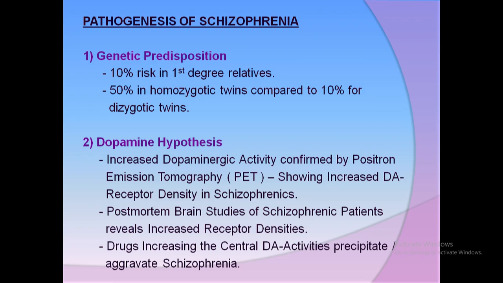Increased dopaminergic activity confirmed by positron emission tomography, PET, showing increased DA receptor density in schizophrenic patients. Post-mortem brain studies of schizophrenic patients reveal increased receptor density. Drugs increasing the central DA activity precipitate or aggravate schizophrenia.